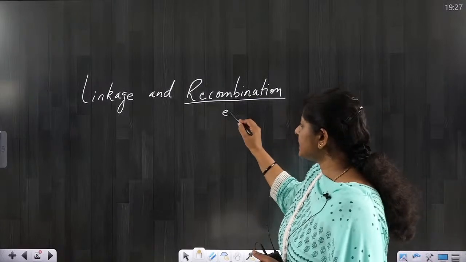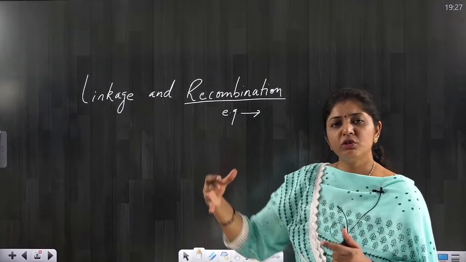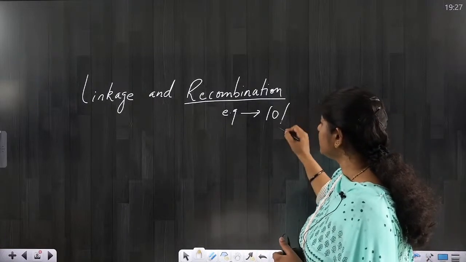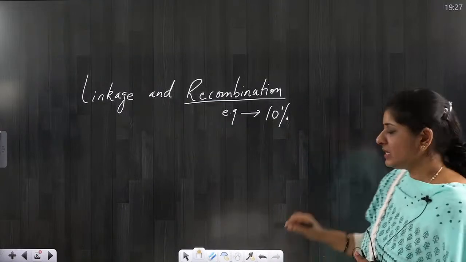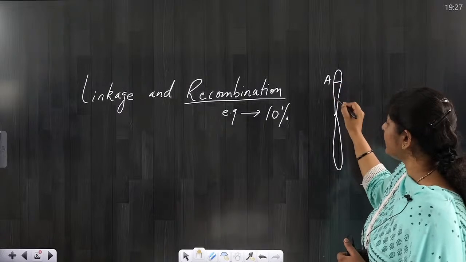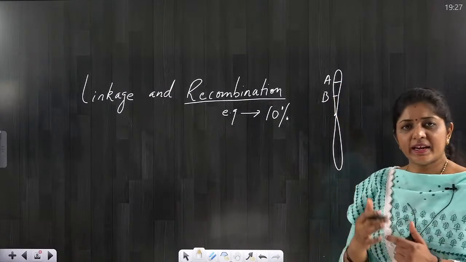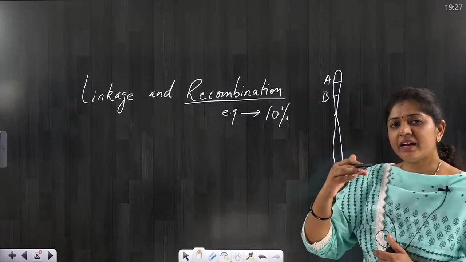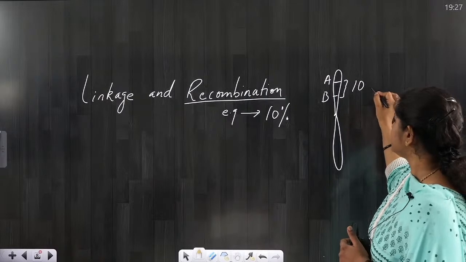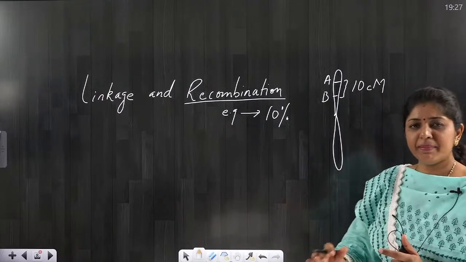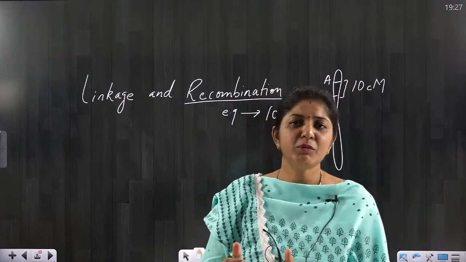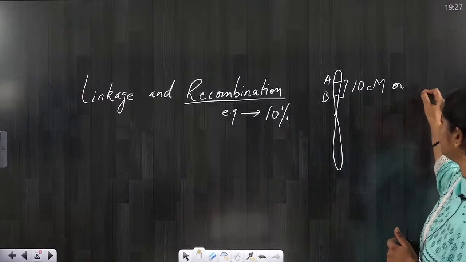Suppose in a population of Drosophila I am getting new combinations of the characters at 10%, that means the distance between the genes, suppose I am taking A and B characters, will be 10 centimorgans.